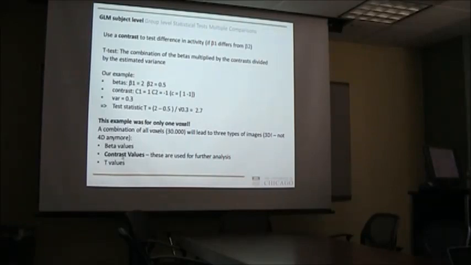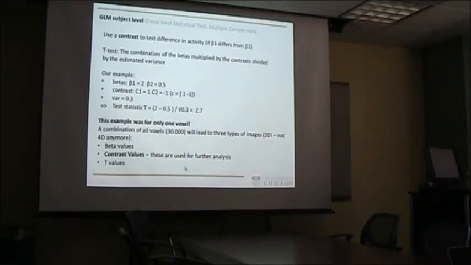And it's important to realize that although I worked out this example up to where you get the t-statistics, for later analysis you use the contrast values, which are the, actually, contrast value is not quite right. It's the contrast times the beta values. So it's the other part of the equation.